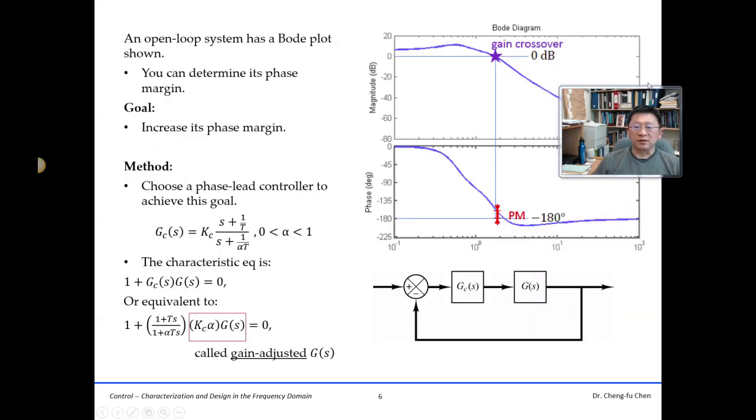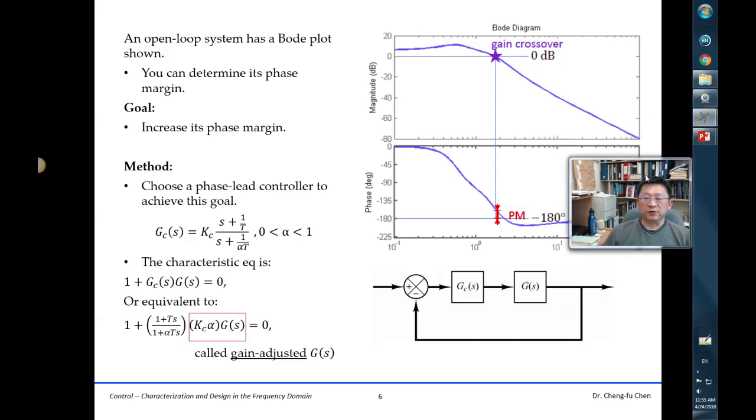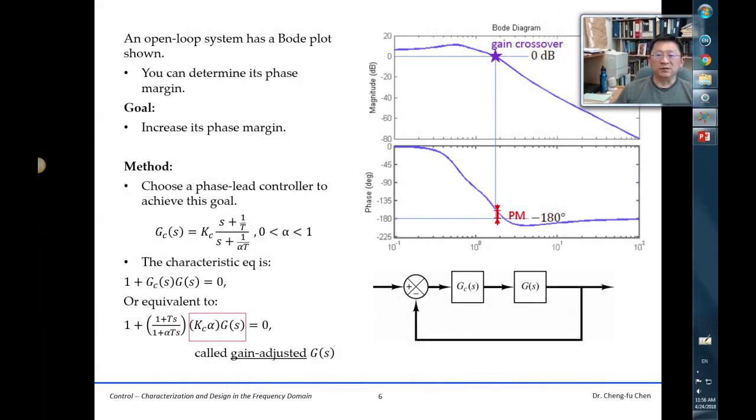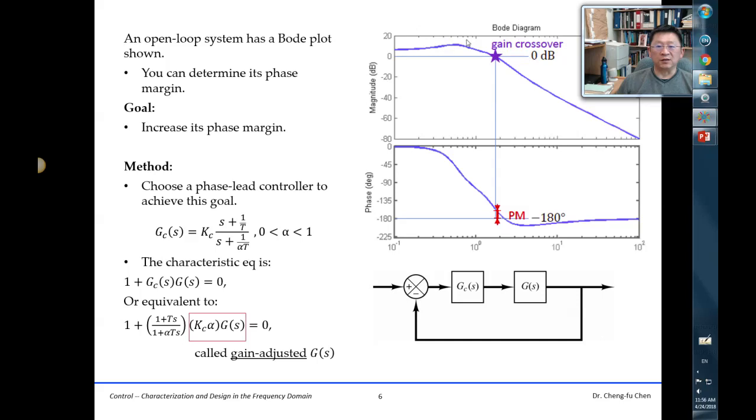So here, let me reiterate this information. Here is the uncontrolled system, and usually for the uncontrolled, open loop system, we have unsatisfied phase margins. So here we want to have the phase lead.